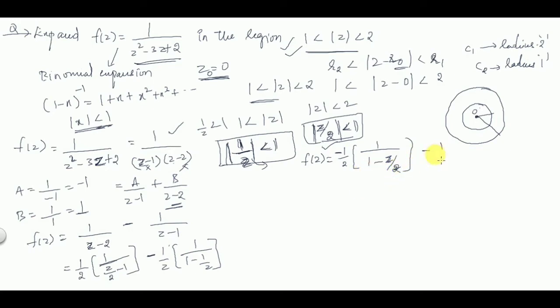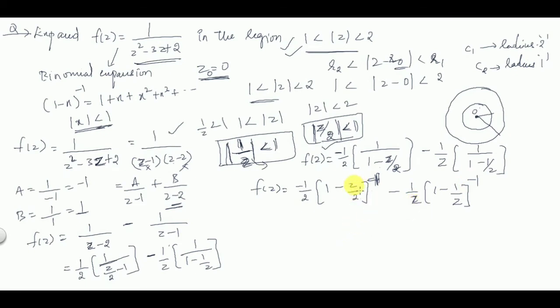So minus 1 by z into 1 by 1 minus 1 by z. So f of z can be written as minus 1 by 2 into 1 minus z by 2 whole inverse. So if you shift this to the numerator, it will become 1 minus z by 2 whole inverse, and minus 1 by z into 1 minus 1 by z whole inverse.